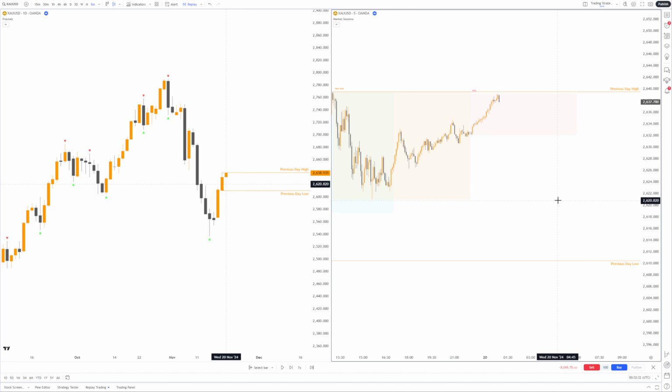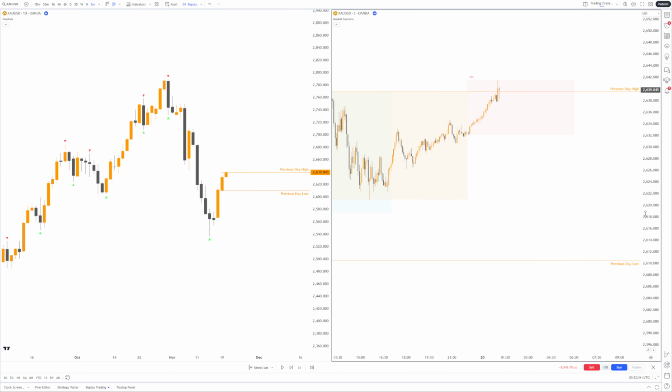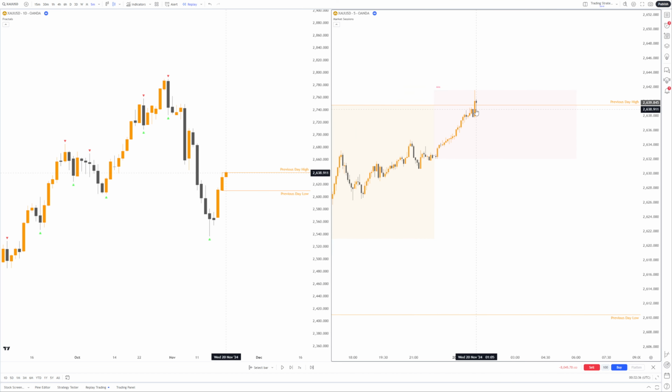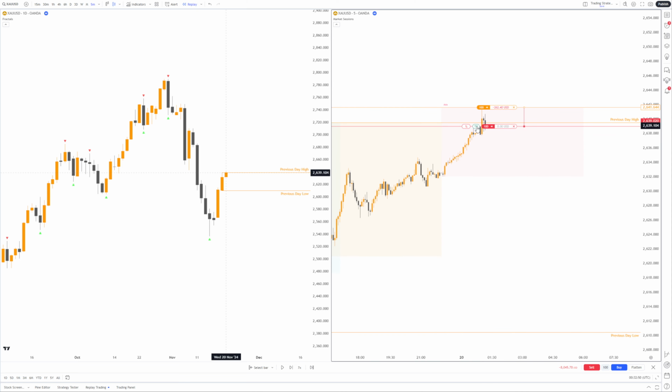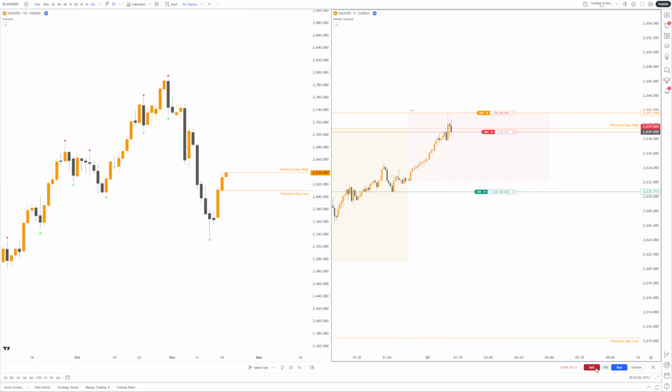Let's wait. Okay. We got the break above, but we didn't get a close. We got a wick rejection. We just need to wait for the close. Is that the close? Yes, that's the close. So sell, stop loss above this high, and then we go for the usual again.